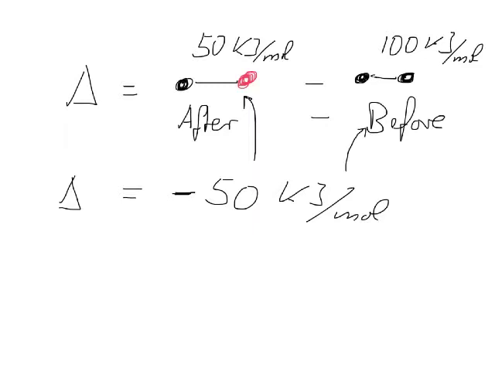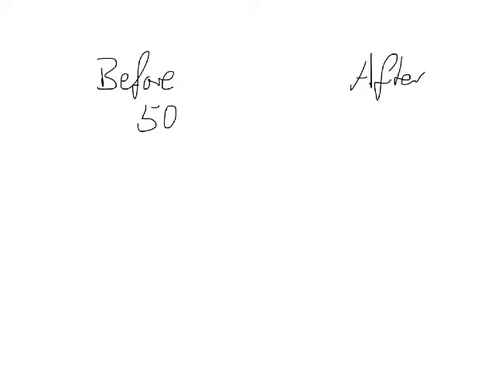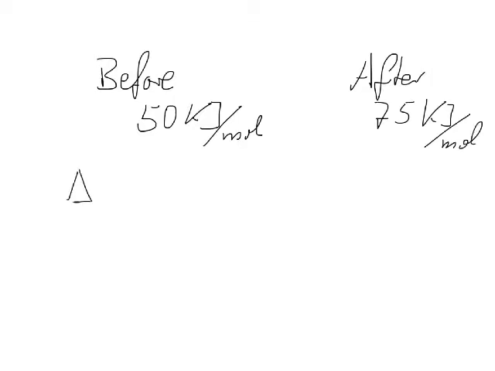Likewise, I might have a reaction, so that is before the reaction takes place, and that is after the reaction takes place. So before, I might have an energy in the bond of, say, 50 kilojoule per mole, and after I might have 75 kilojoule per mole, and I can compare that, and I find that I have 75 minus 50 gives me 25 kilojoule per mole.